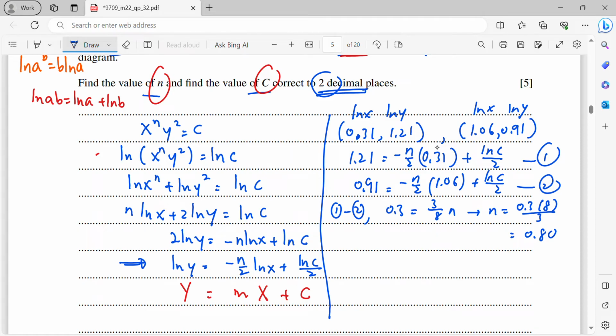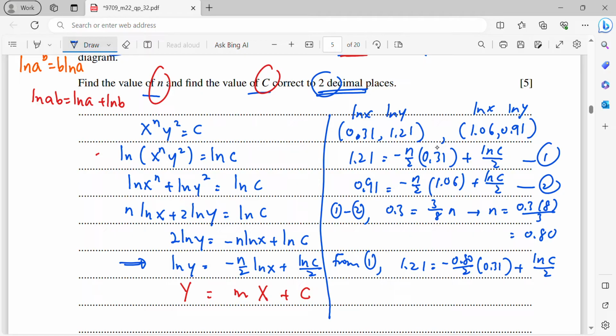Now to get the c, I will substitute into the first equation. So now I will get 1.21 equals negative 0.80 divided by 2 times 0.31 plus ln c over 2.